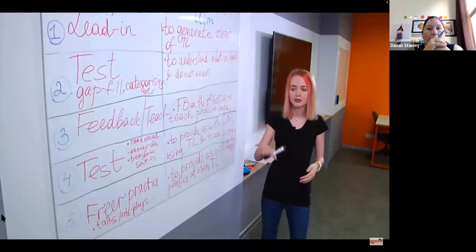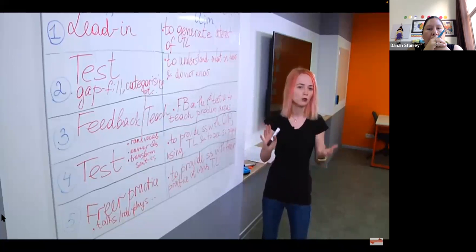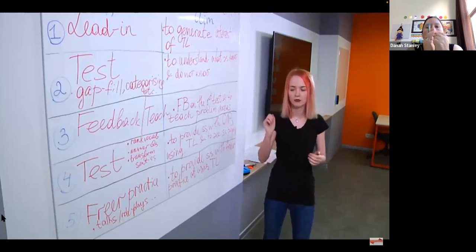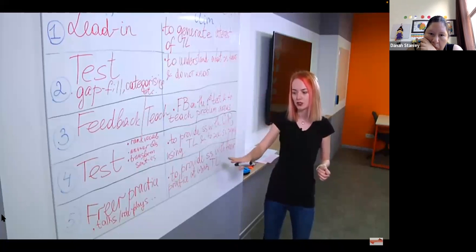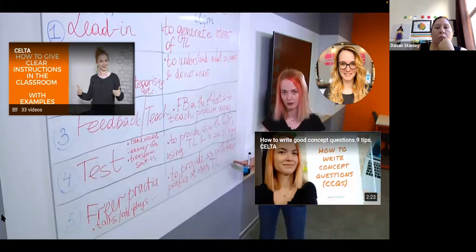And the last stage is freer practice. Here you may have some talks, discussions, role plays, etc. And of course the aim is to provide students with freer practice using target language.